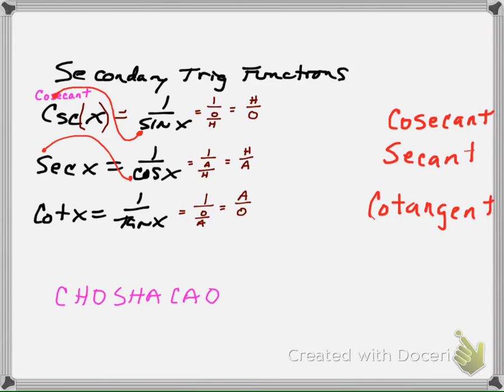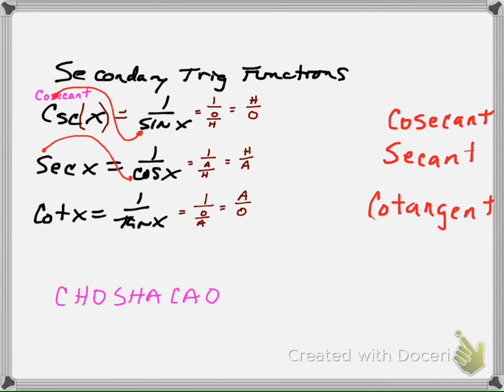But you could, if you wanted to, do something like that. The cosecant is the hypotenuse over the opposite. The secant is the hypotenuse over the adjacent, and the cotangent is the adjacent over opposite. It's easier, in my opinion, to remember SOHCAHTOA and then remember the flips. And so then you just flip the ratios in SOHCAHTOA. Okay?